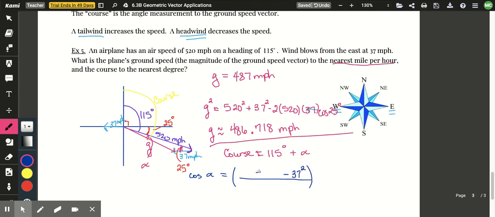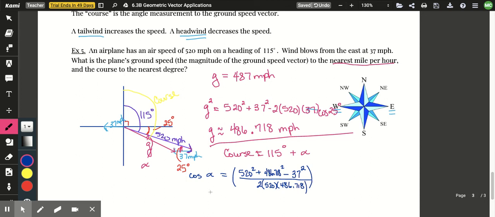Everything else is going to be the other values in here. So I'd have 520 squared, and then the other one was 486.718 squared. That was my G. Then on the bottom, 520 and 486.718.